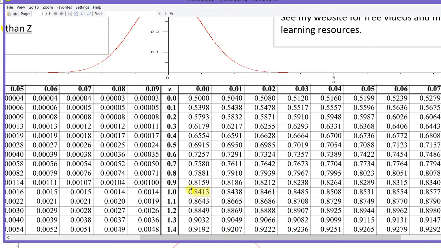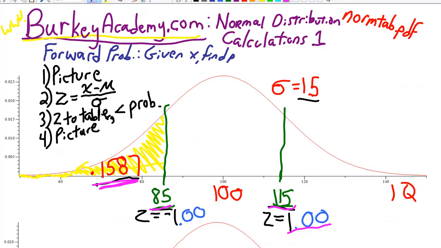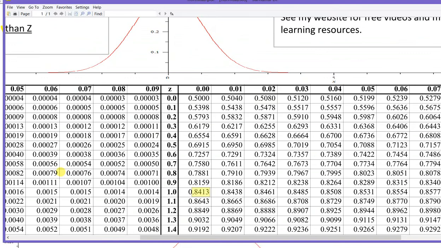Let's go back to our picture. Keep in mind that's a less than probability. So what does that mean? Well, the probability of being less than, and I usually draw a long arrow, less than an IQ of 115 is that number that we had in the table, 0.8413.